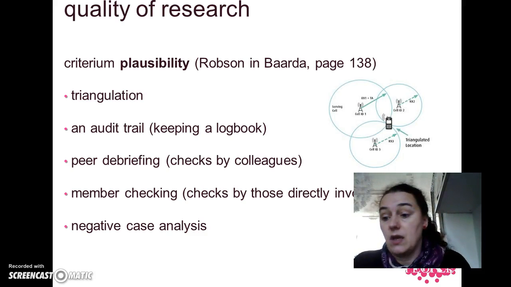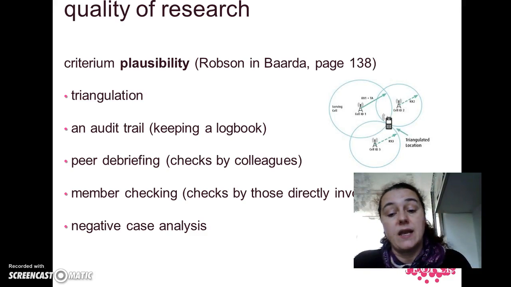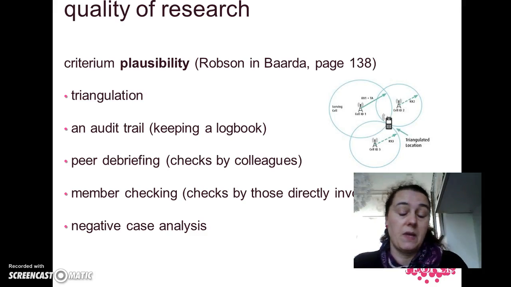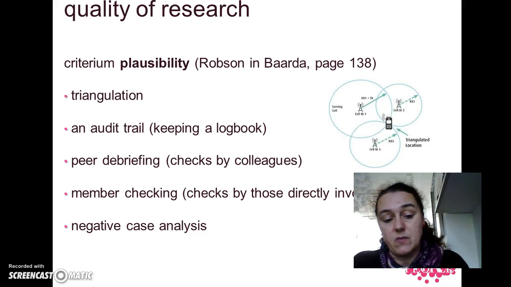So if you come up with a conclusion, for example, from the pictures of the table, that probably this person has children, then you also go looking for other things in your research data that point in the other direction, that this person maybe doesn't have children. For example, if you would also have a picture of the inside of the refrigerator, you look at the type of food there and you look if there are any indications otherwise.